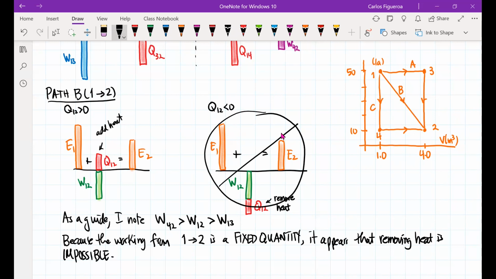So the bar diagram actually showed us how to do that.